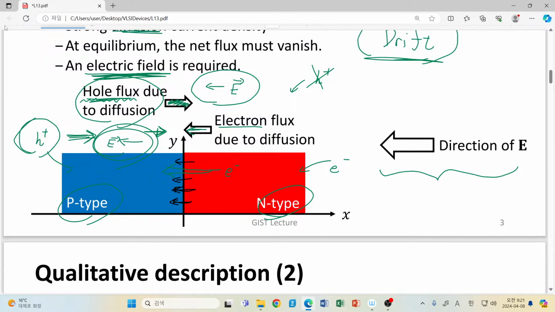So now think about this one. If we have a certain electric field starting from this n-type region and ending at this p-type region, in order to generate such an electric field, we should provide some sources of the electric field. And what is the source of the electric field? The electric field is generated from the net charge density. Simply speaking, here we must have positive net charge density.